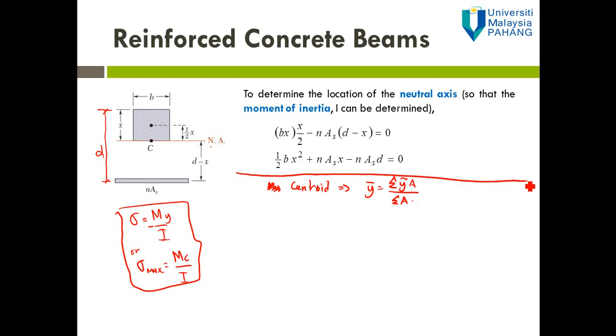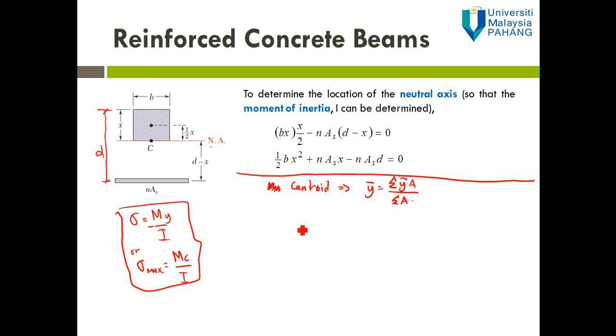Let's consider this first. I want to explain how we get this equation. It basically comes from the centroid equation, y bar equal to summation of yA over summation of A.